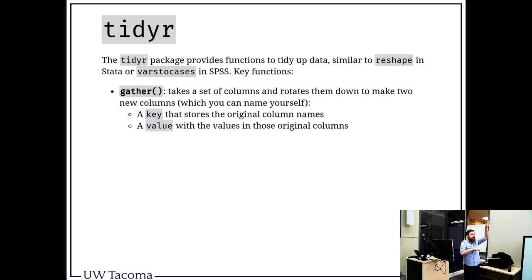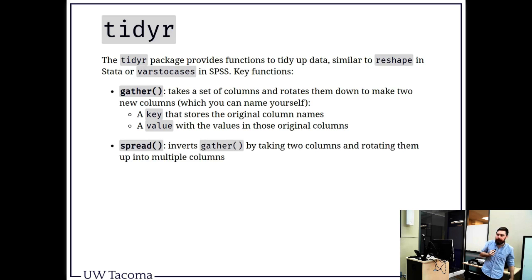So let's say we have week 1 to week 76, columns with ranks in each cell under those. It's going to rotate them down. So now we have week 1, week 2, week 3, week 4, week 5, and then the value for week 1, week 2, week 3, week 4, week 5. A key and a value. You people are facing this way. Okay, we'll have lots of examples of this. It's harder to explain than it is to show.